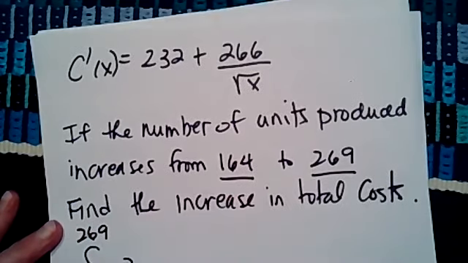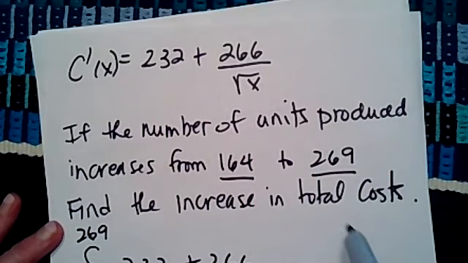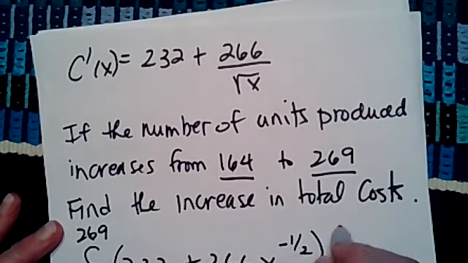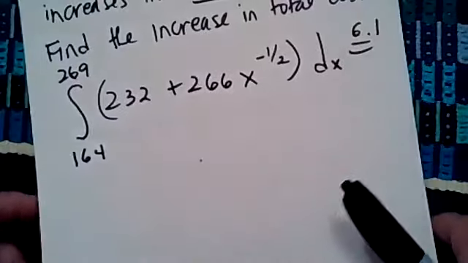And then it's 232 plus 266, and I'm going to move this x up. It's x to the 1/2 on the bottom, so when I move it up, it becomes x to the negative 1/2. Okay, and again, these are just going to be 6.1 rules.